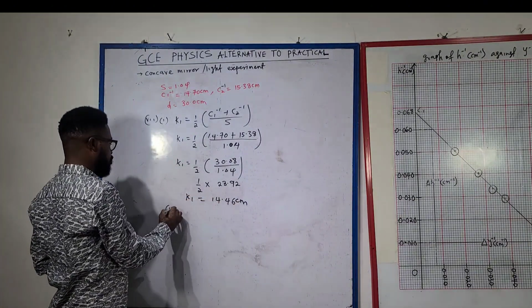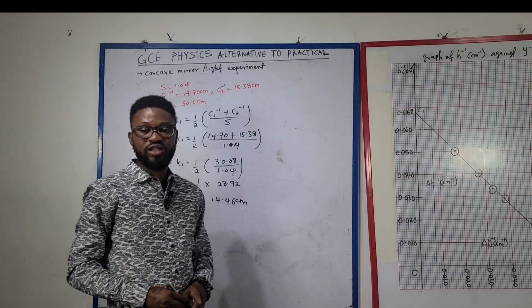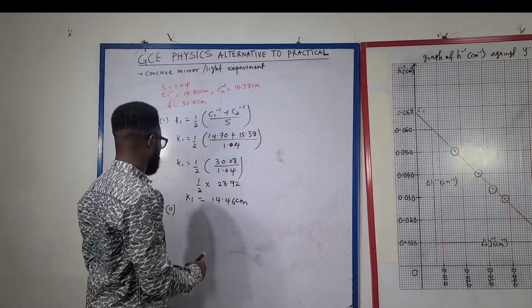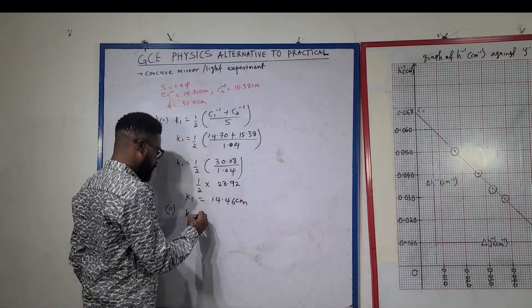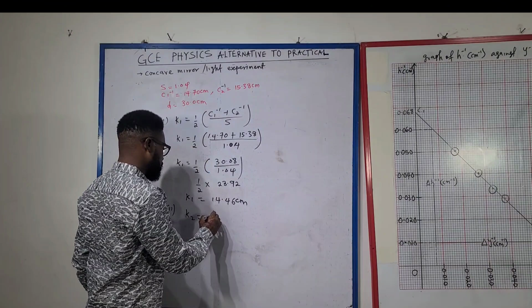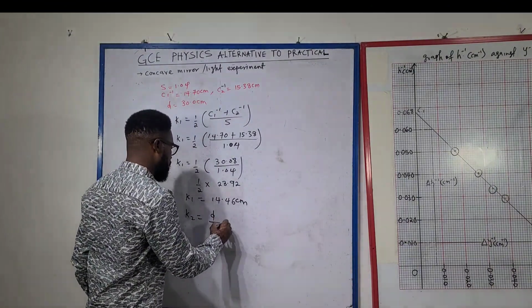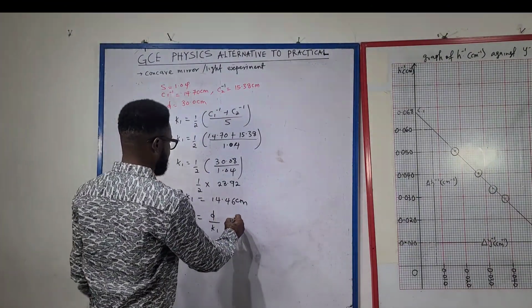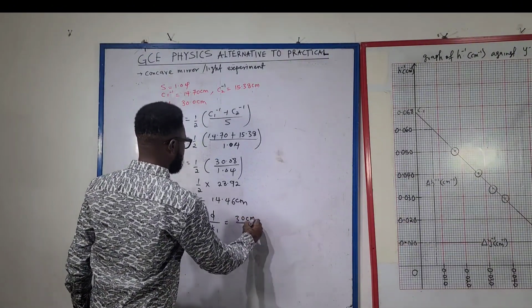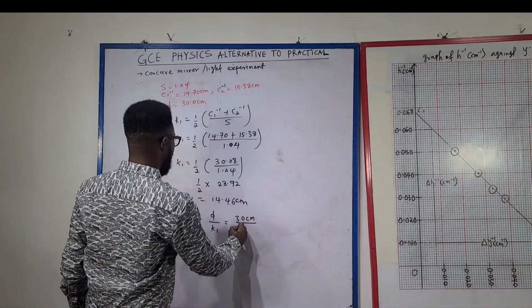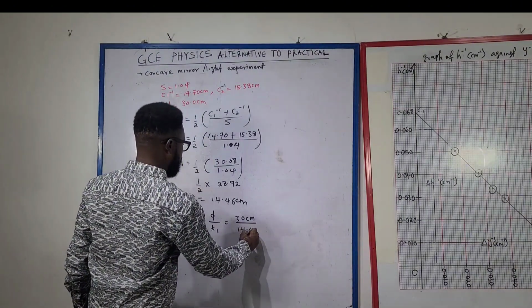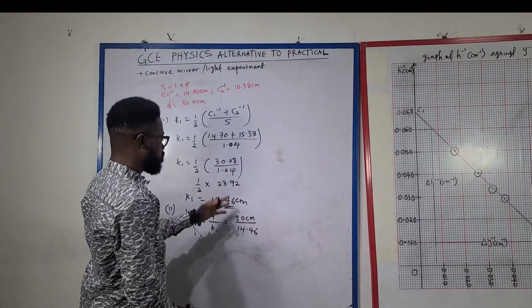So also for Roman figure 2, we were told to express K2. K2 equals D over K1, and my D is 30 centimeters divided by 14.46, which was what we got.